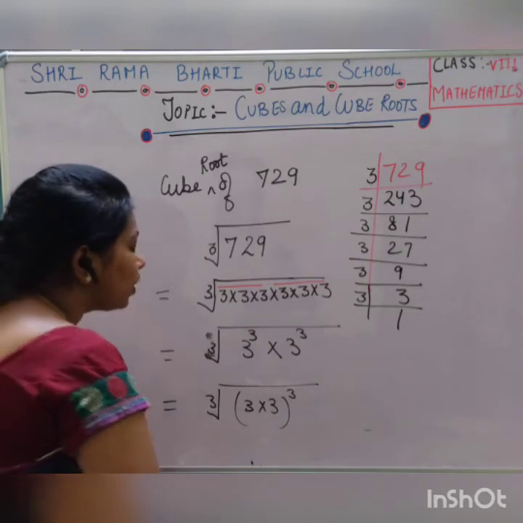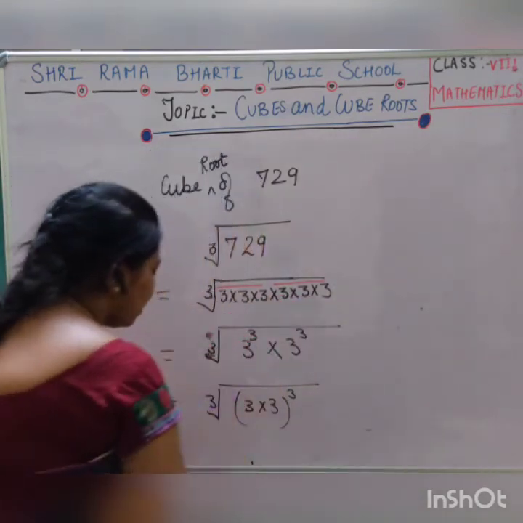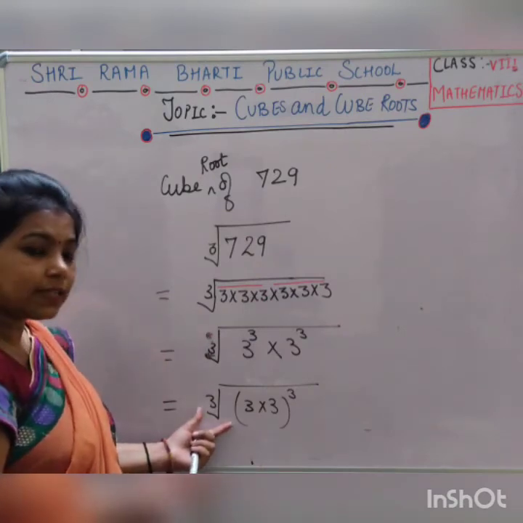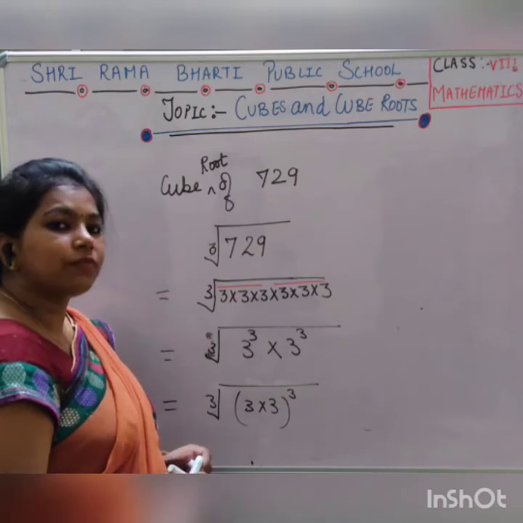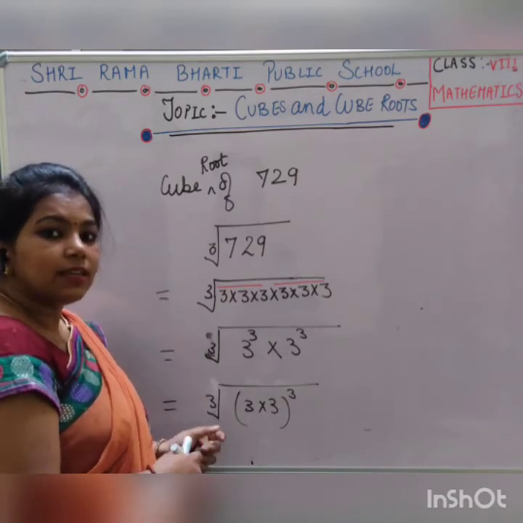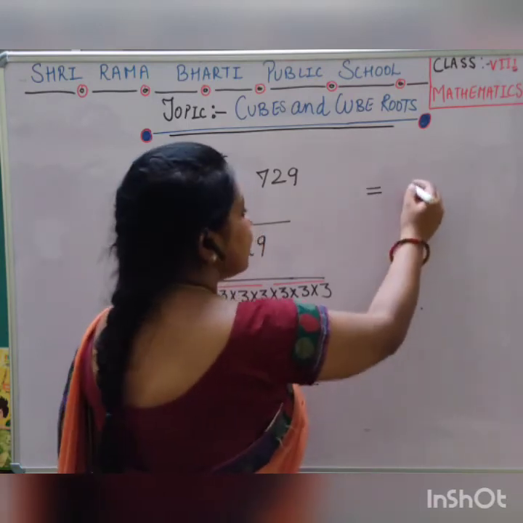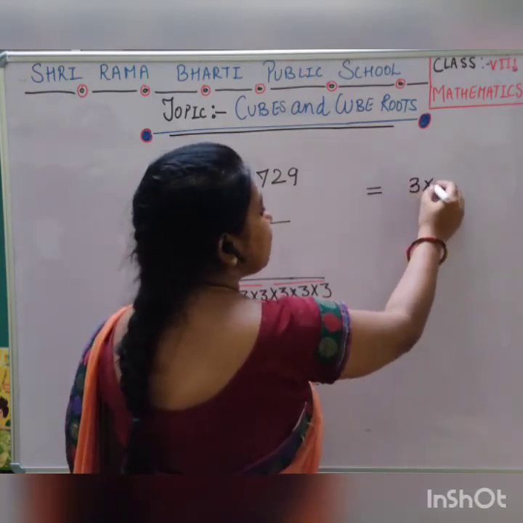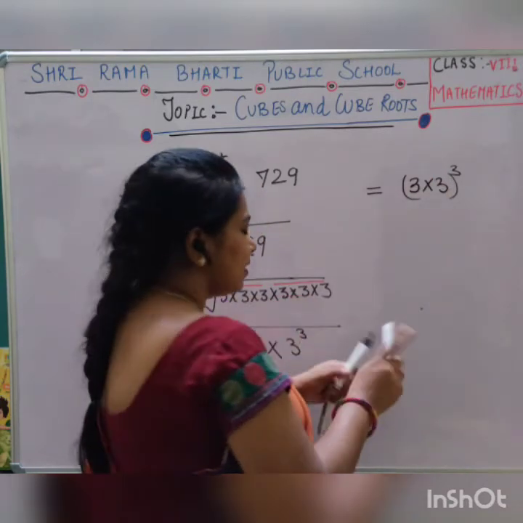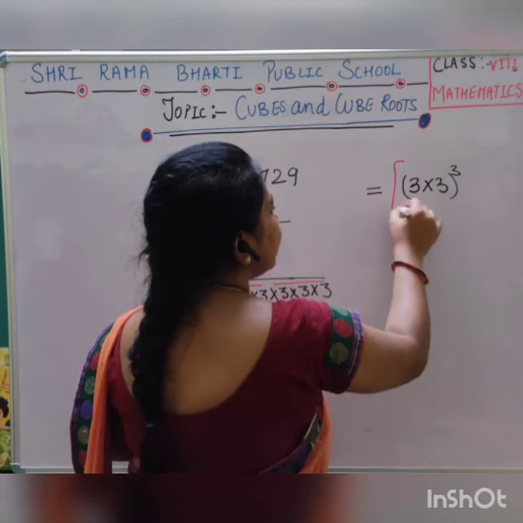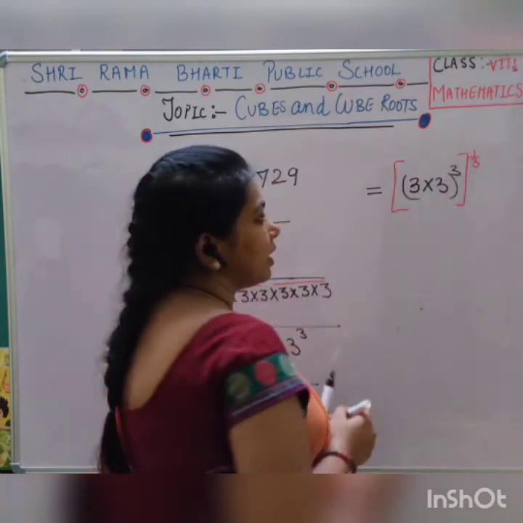So now what we will do further, we will write this root in exponential form as we have discussed a few minutes back. We will write 3 multiply 3 whole raised to the power 3. This is the radicand. Now we will write the index in exponential form as 1 by 3.